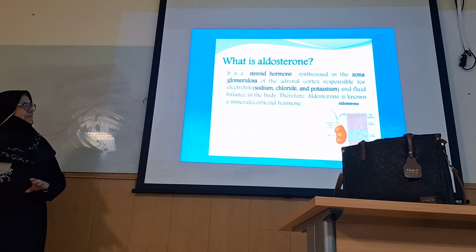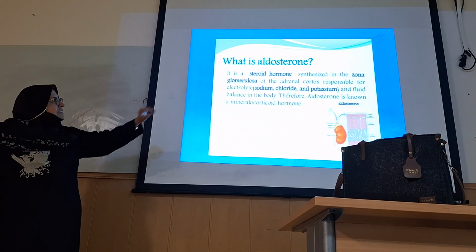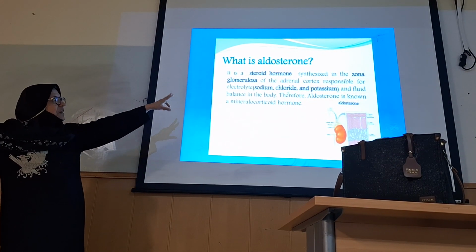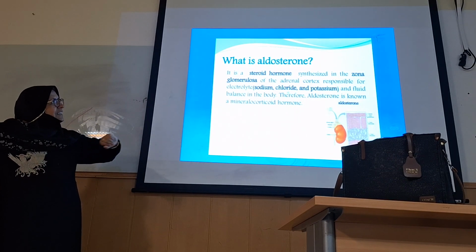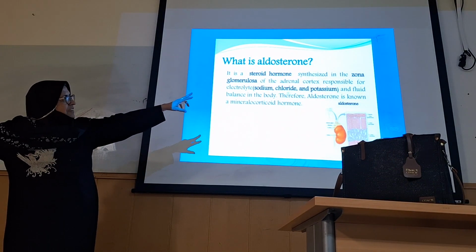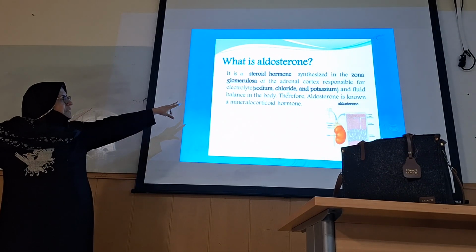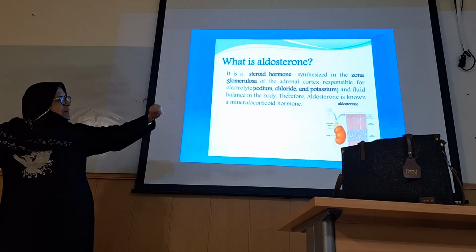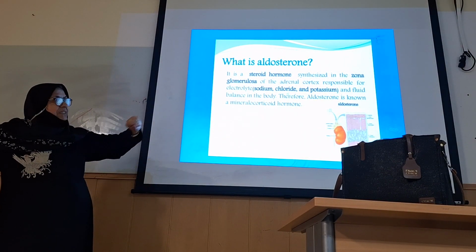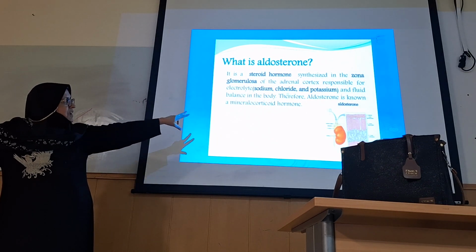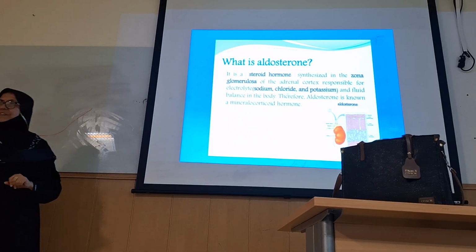Okay? What is aldosterone? It is a steroid hormone synthesized in the zona glomerulosa of the adrenal cortex, responsible for electrolytes, sodium, chloride, and potassium, and fluid balance in the body. Therefore, aldosterone is known as a mineralocorticoid hormone.